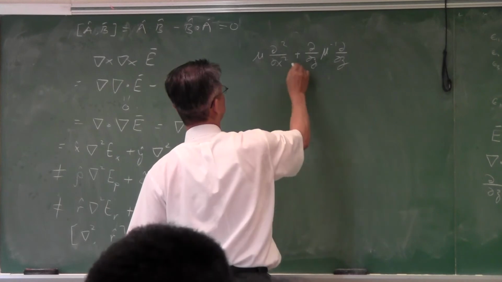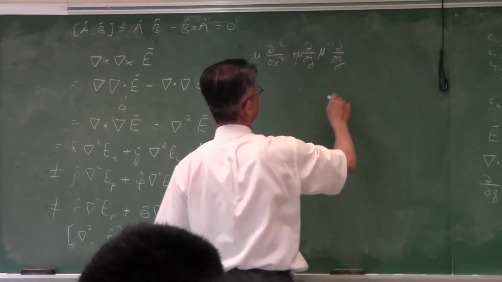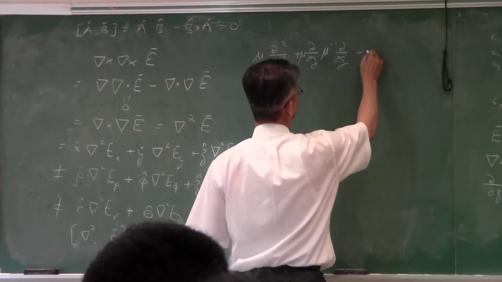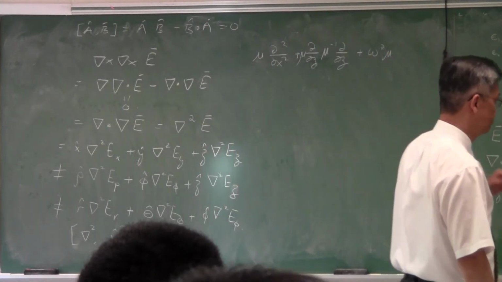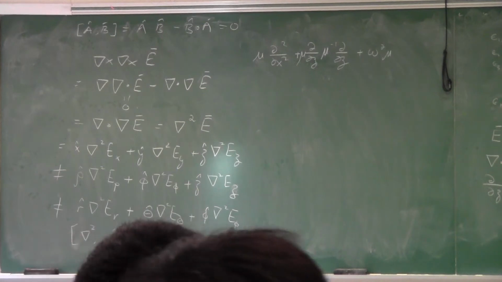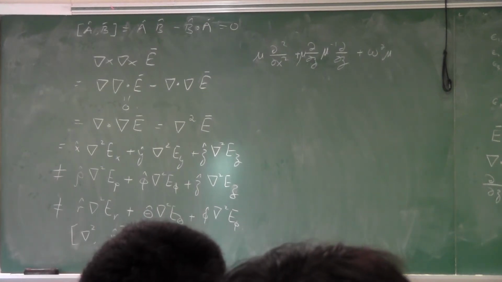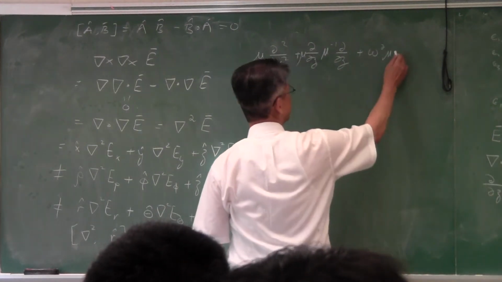I should multiply this by mu somewhere over there, plus omega squared mu epsilon. Then that makes the equation balance up.